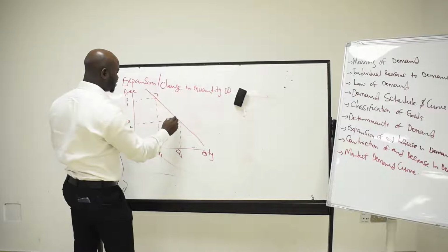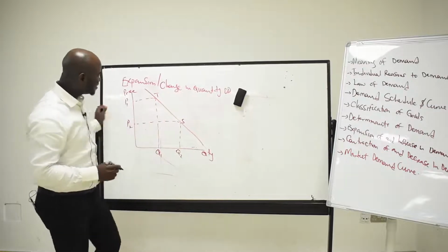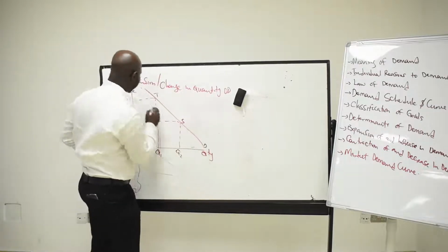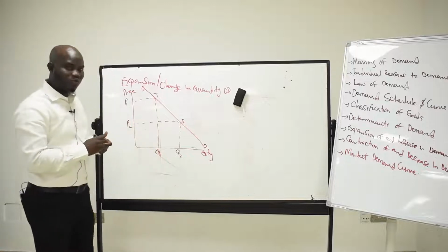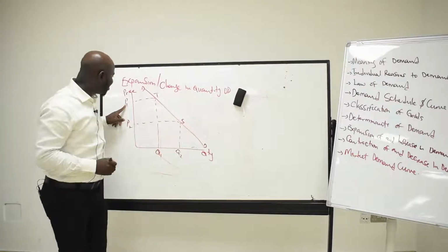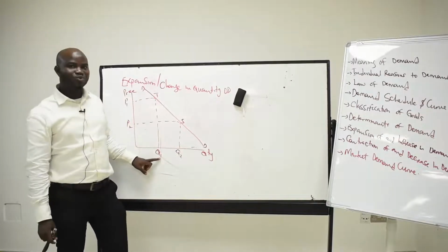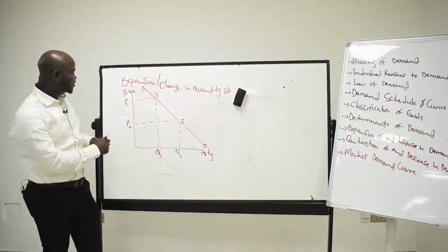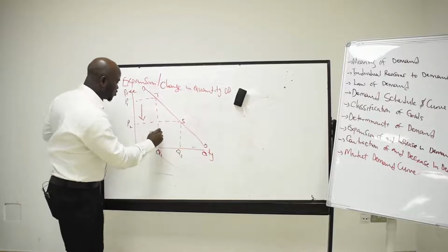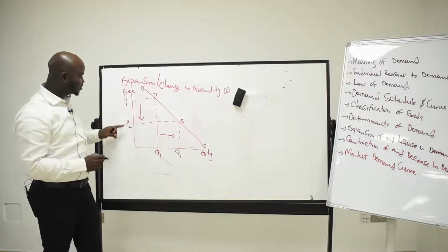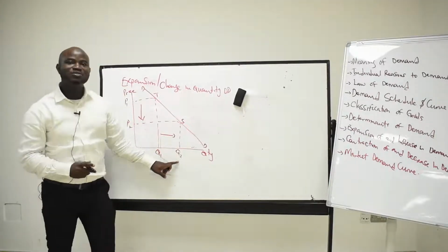What this is saying is, you can see when the price of this product is P1, the consumer is buying quantity 1. But when the price of this product drops from P1 to P2, the consumer is buying quantity 2.